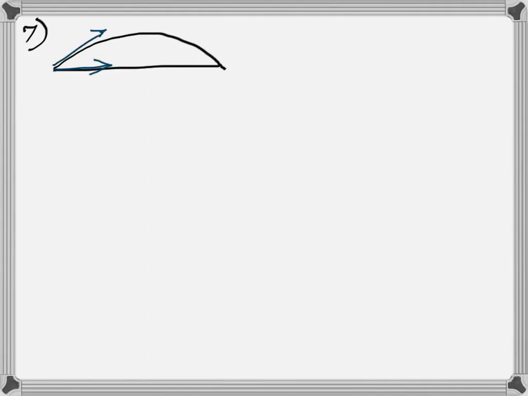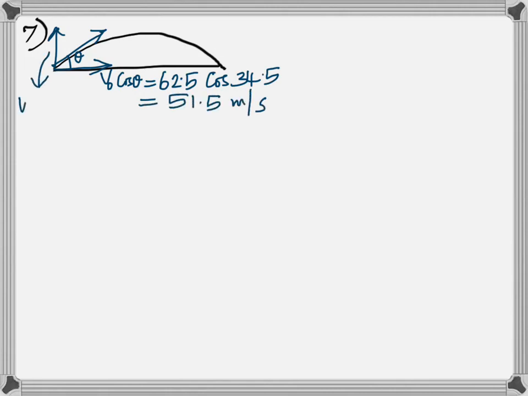In question 7, as usual, the horizontal is 62.5 cos 34.5. The vertical is 62.5 sin 34.5.